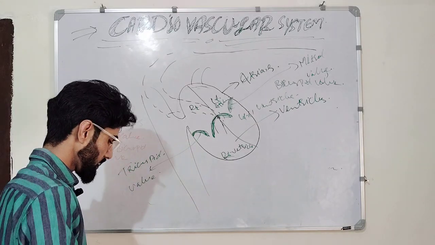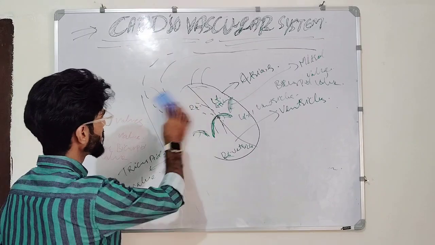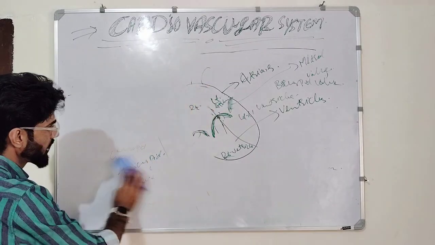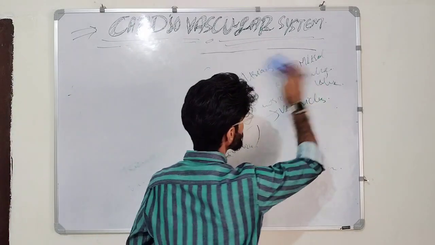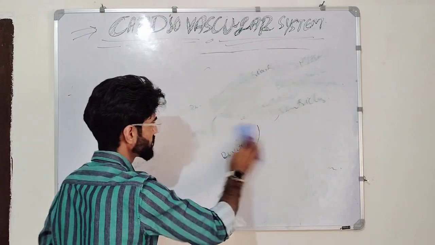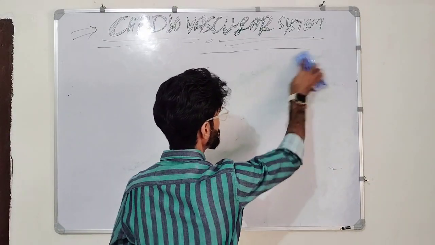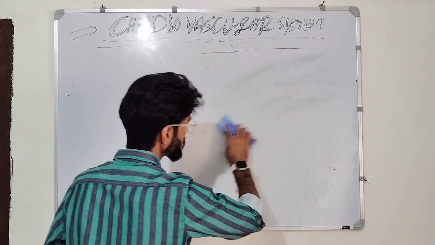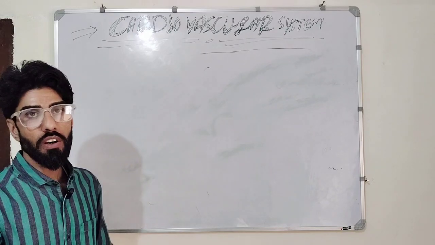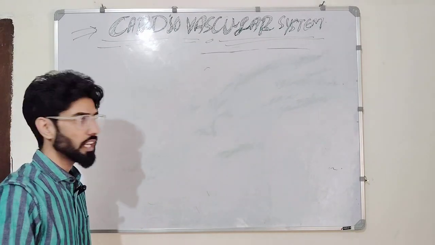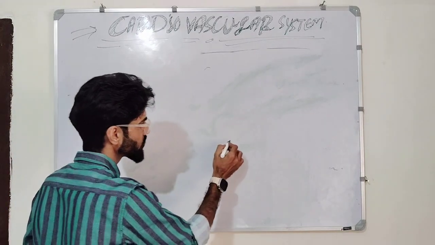Let me make a clearer diagram. Let me rub it first. First of all, I will draw the left heart here, and you should tell me what this structure is.